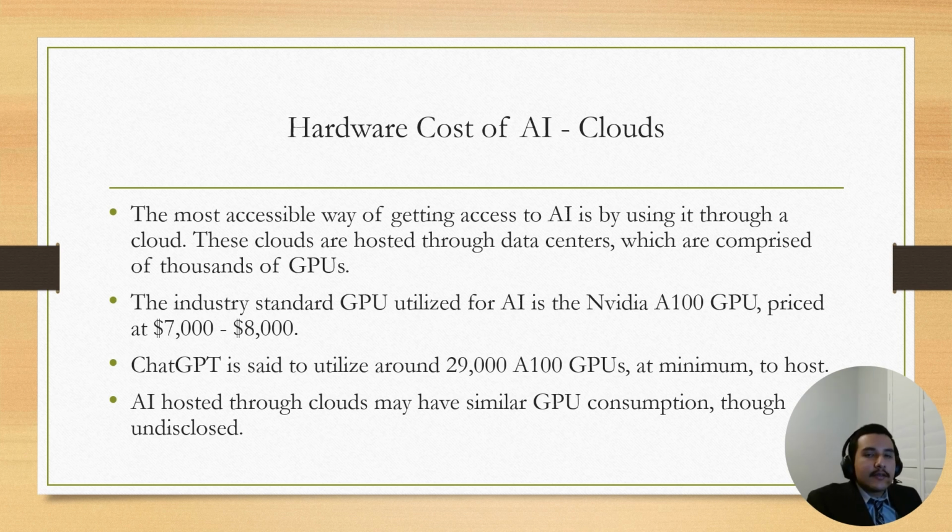While it is undisclosed how much ChatGPT requires to operate, it is estimated to be around 29,000 A100 GPUs at minimum to host through a data center. Other AIs hosted through these clouds may have similar GPU consumption, although they are also not disclosed.